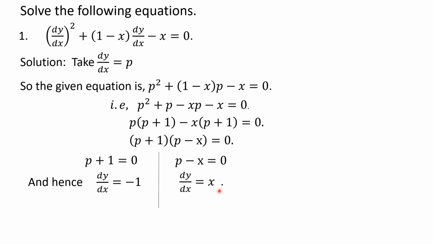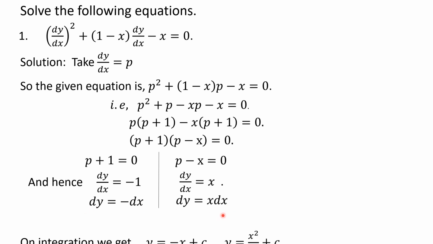Which we can further solve by checking whether it is variable separable. If it is variable separable, you can directly solve. So here from dy/dx we can write dy = -dx, and here dy = x dx. Integrate on both sides.